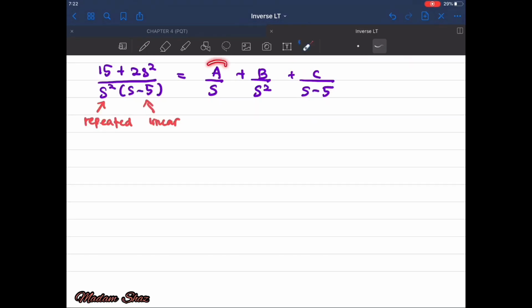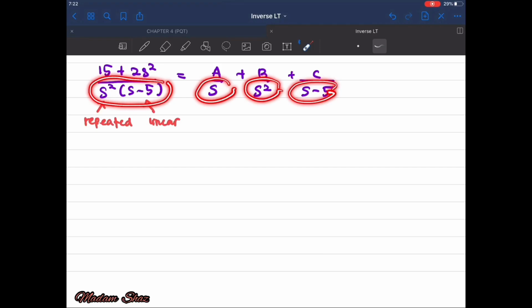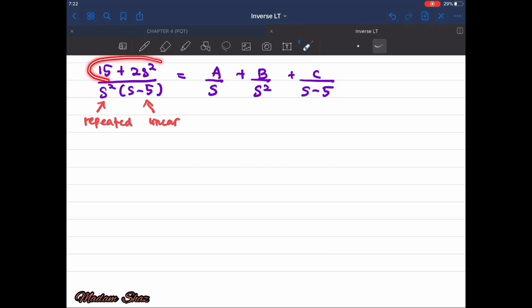Now find the values of the constants A, B and C by eliminating all the denominators at the bottom side. On the left hand side, we always copy down whatever we have at the upper side. 15 plus 2s square is equal to A divided by s with the power of 1.